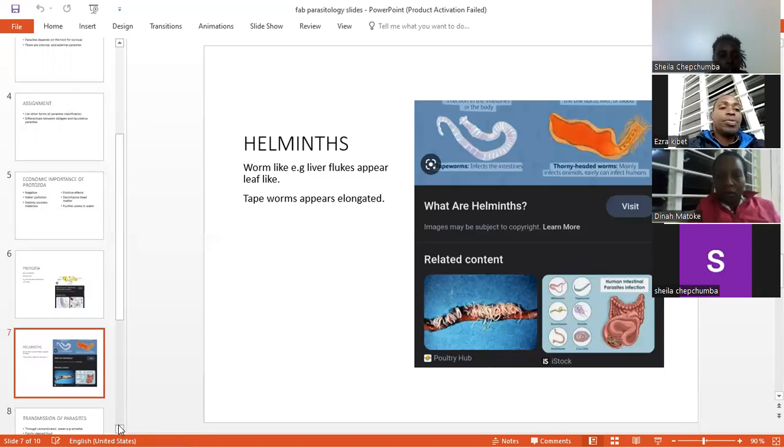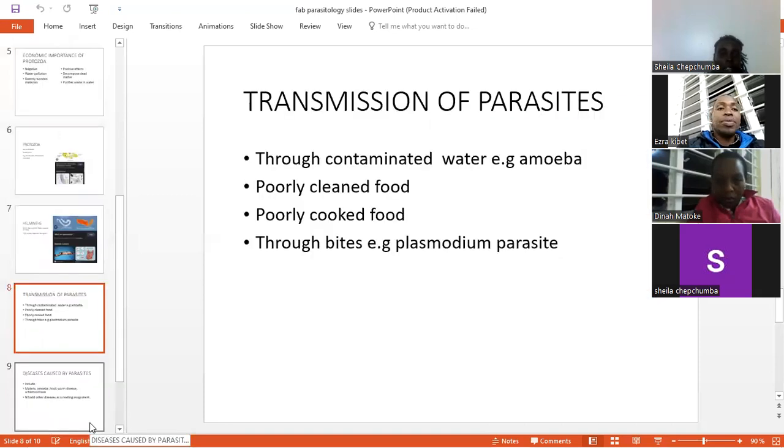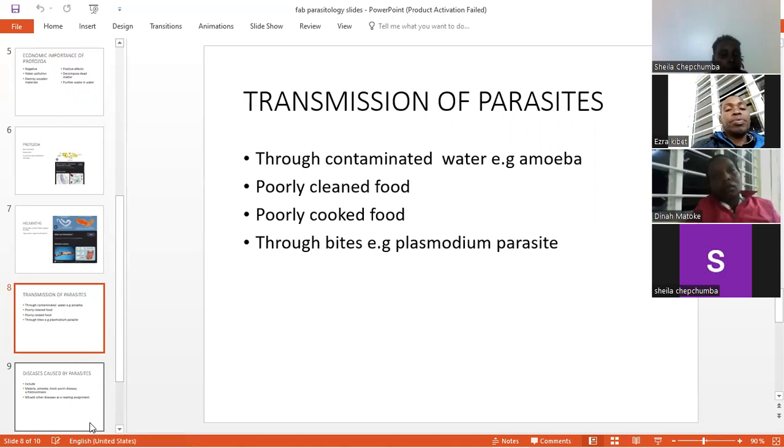Good. That's very nice. In fact, that's the explanation I had here. You get amoeba through contaminated food and water, poorly cooked or poorly cleaned. Another example of parasites that we know is the Plasmodium parasite that causes malaria. It gets transmitted through bites.